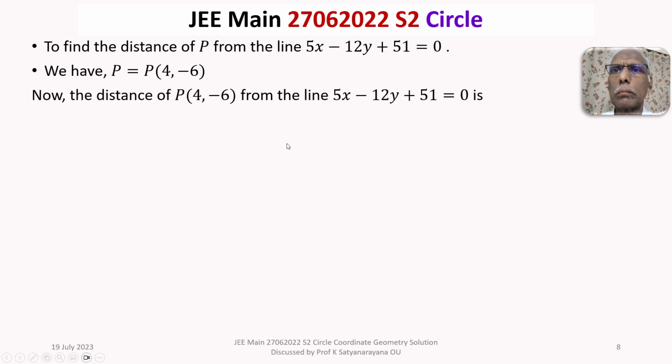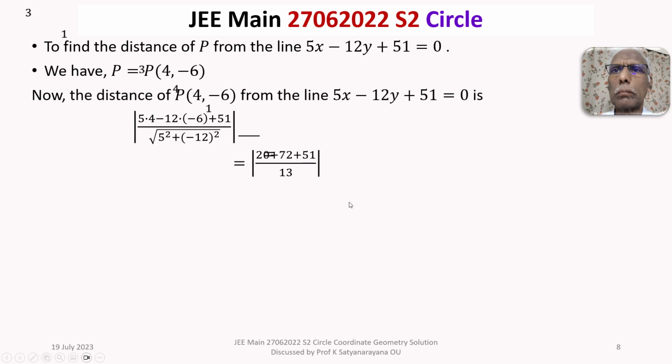Then that will be equal to the modulus of 5 into 4 minus 12 into minus 6 plus 51, divided by the square root of 5 square plus minus 12 whole square. When you simplify, you will get mod of 20 plus 72 plus 51 by 13.